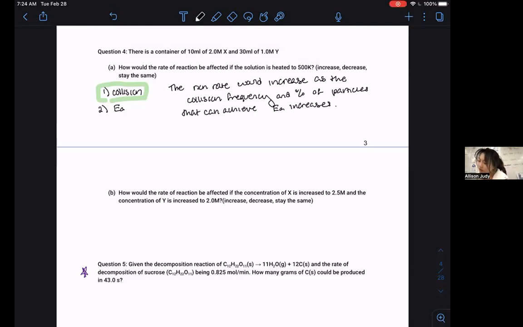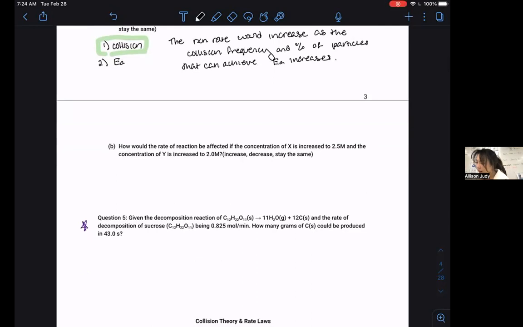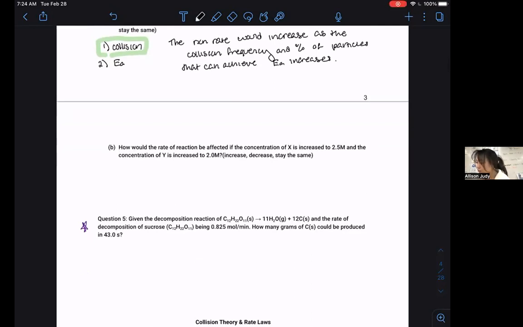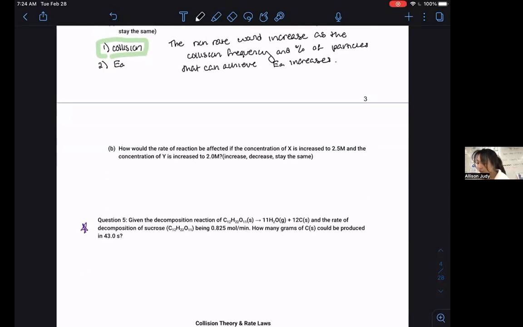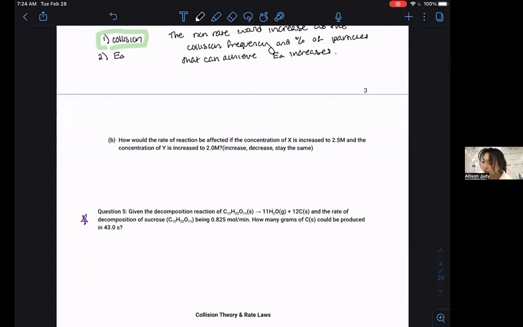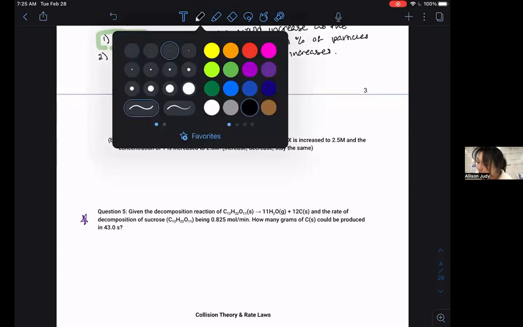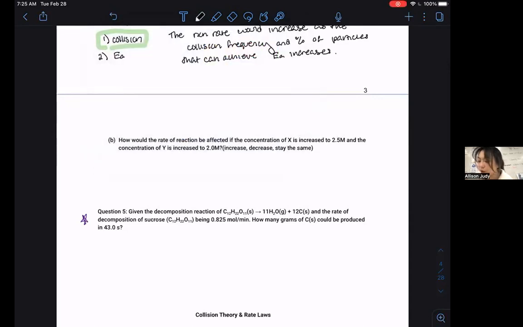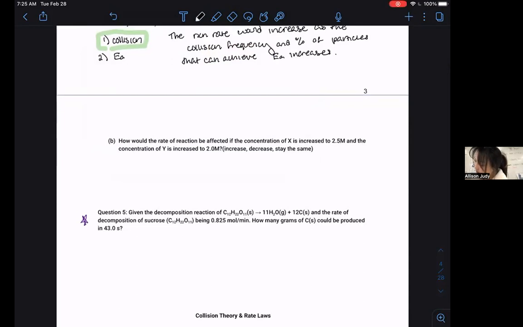B: how would the rate of reaction be affected if the concentration of X is increased to 2.5 molar and the concentration of Y is increased to 2.0 molar? Concentration here is really just talking about general amount, like we just have more particles in the same container. So again we are addressing part 1, increasing collision, and the reaction rate would increase.